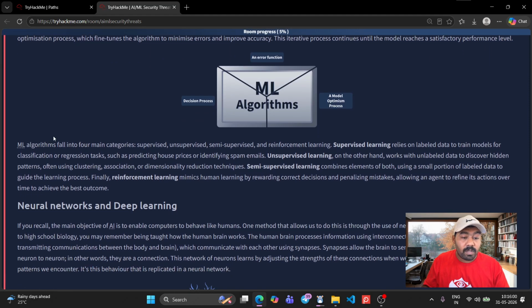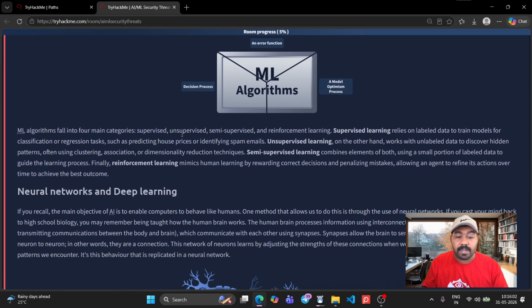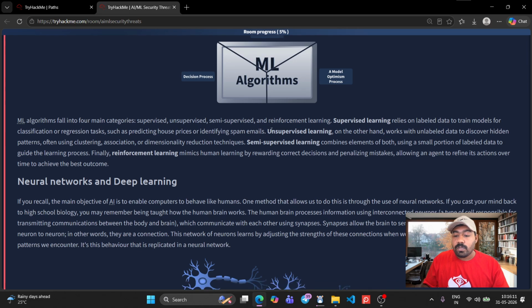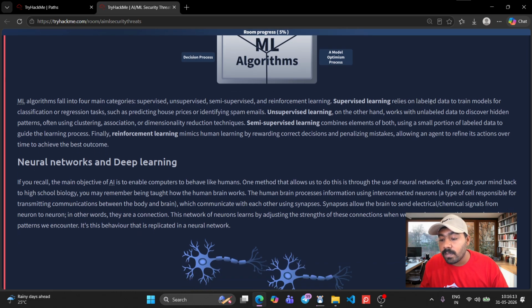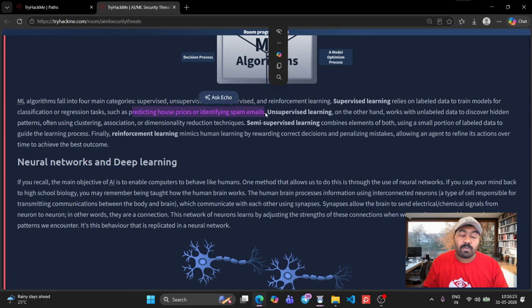So ML algorithms fall into four main categories. Let's look into the four main categories: supervised, unsupervised, semi-supervised, and reinforcement learning. Supervised learning relies on labeled data to train models for classification or regression tasks, such as predicting house prices or identifying spam emails.